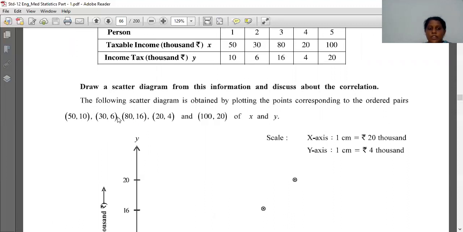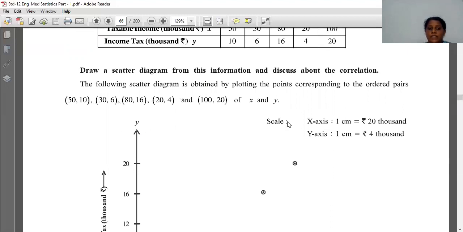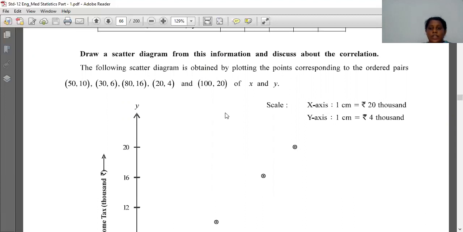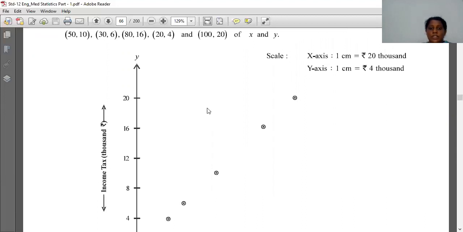You don't have to write all these things, right? You have to simply give the heading that the diagram shows a scatter diagram, and what correlation, and discuss about this correlation. Simply you have to give a heading. Always remember, while solving the statistics sums, you have to give the heading. Presentation is the most important thing in statistics.